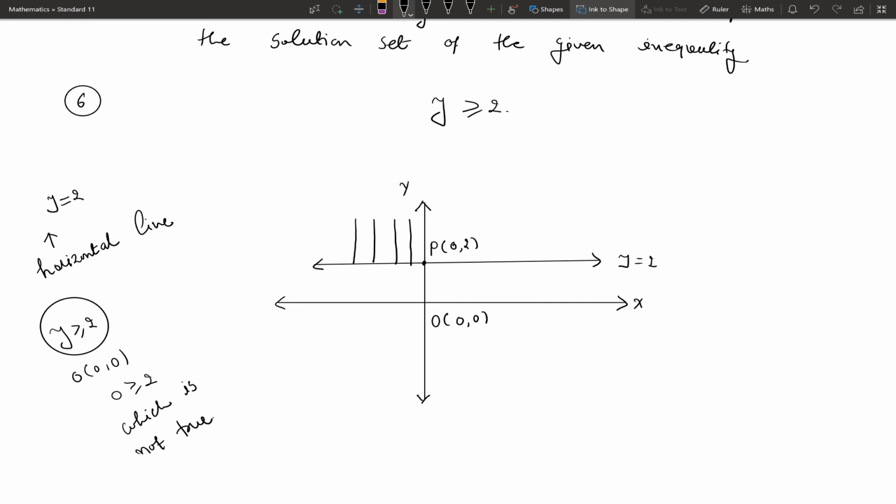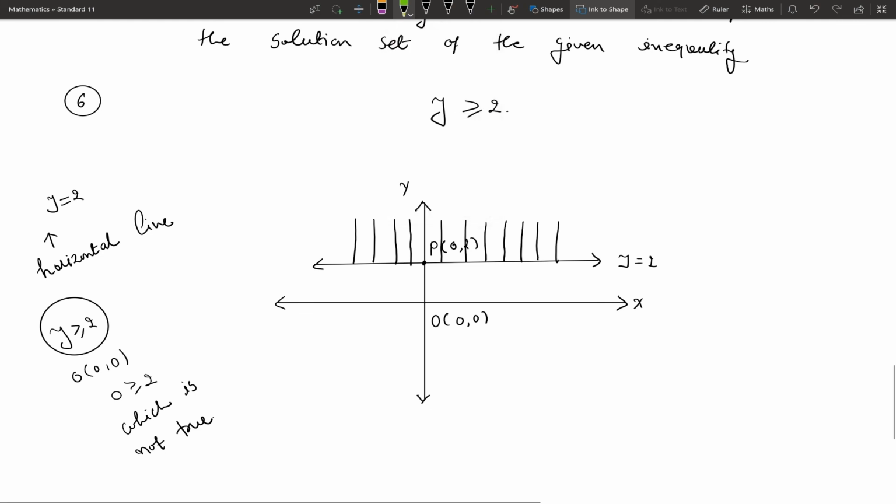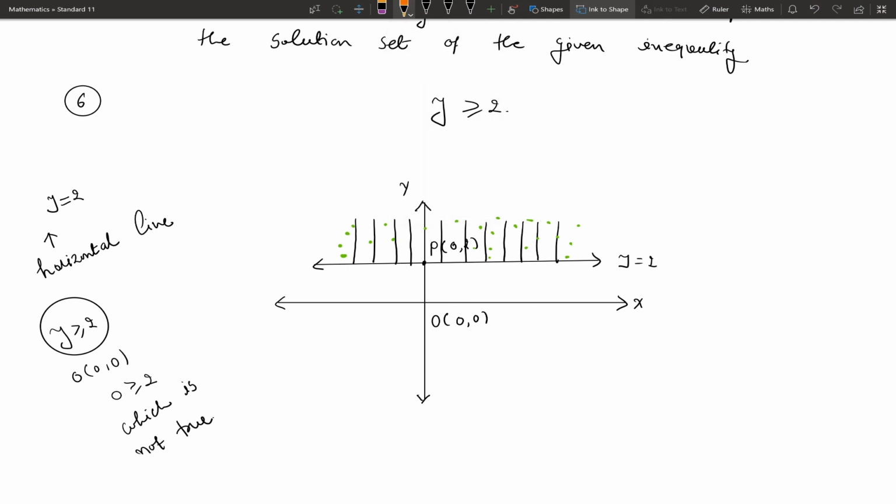You cannot go on the side which contains the origin, so the solution is y greater than or equal to 2. So this is the solution portion.